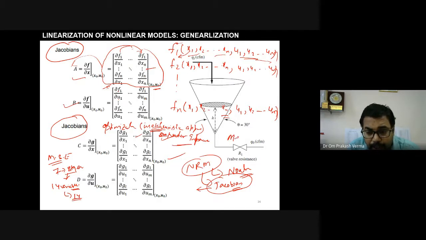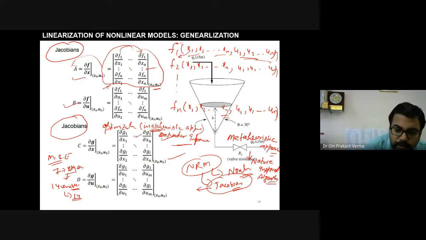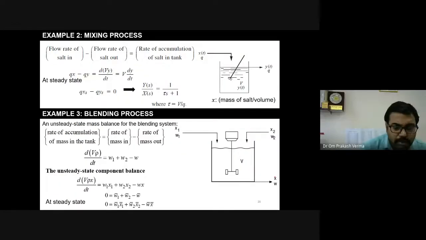Meta heuristic, I am again repeating, meta heuristic approaches. What is this? Just Google it. And another one is also a nature inspired algorithm. Just try to search on Google. Okay. Now come to the next part.